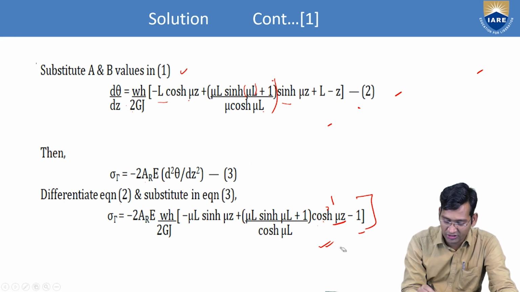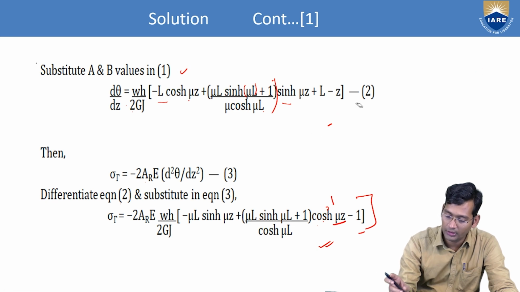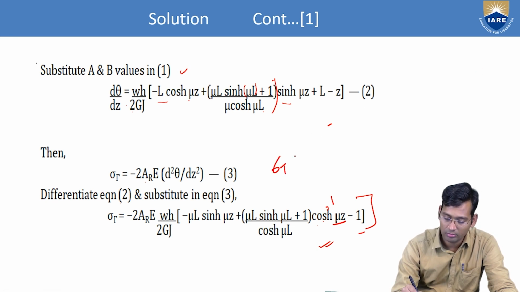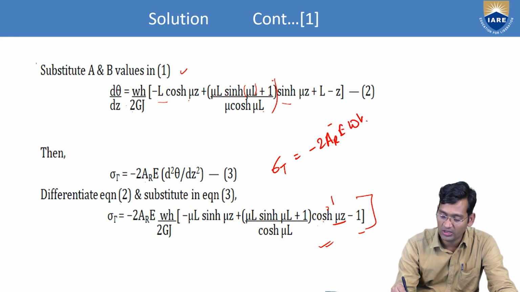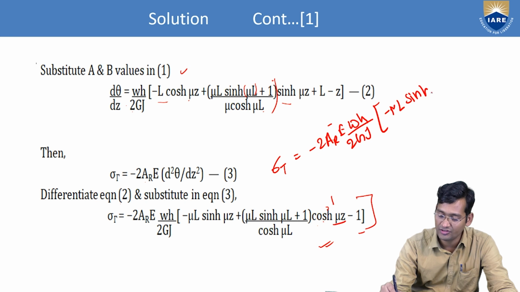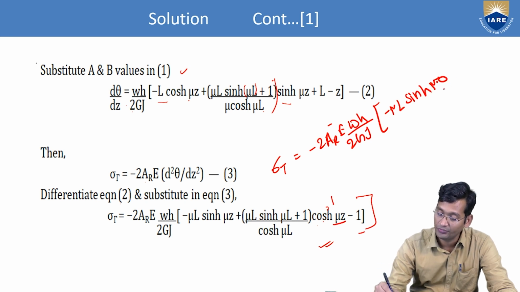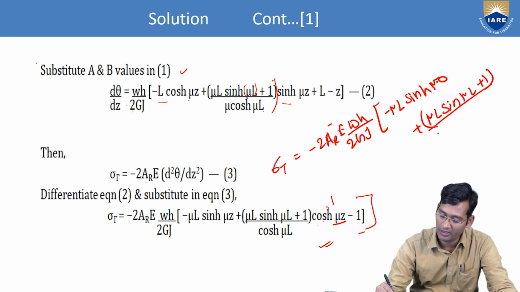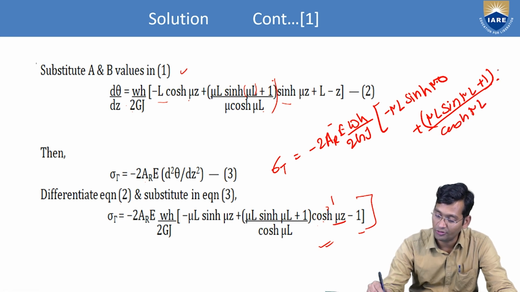Okay, so now we are putting z equals 0. So here, sigma t equals minus 2ARE WH by 2GJ into this one: minus μL sinh μ into 0 plus μL sinh μL plus 1 divided by cosh μL into cosh μ into 0 minus 1.